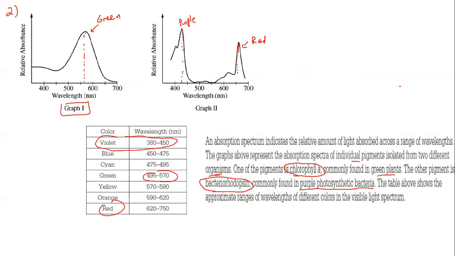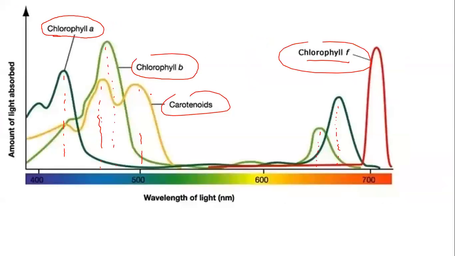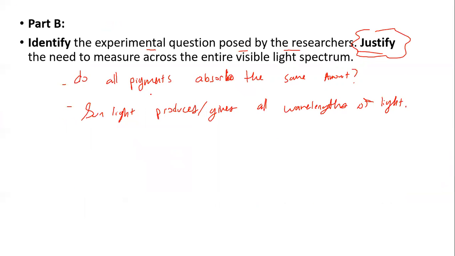And that one was kind of sneaky because you're not measuring photosynthesis in this, you're just measuring the amount of absorbance, which eventually will correlate to the amount of photosynthesis it's doing. In this case, we had two species and we gave all wavelengths of light. How do you justify the need to measure across the entire visible spectrum?